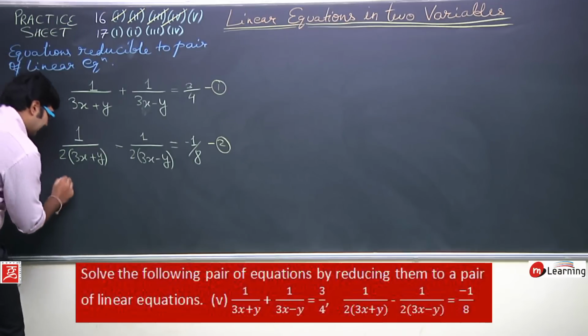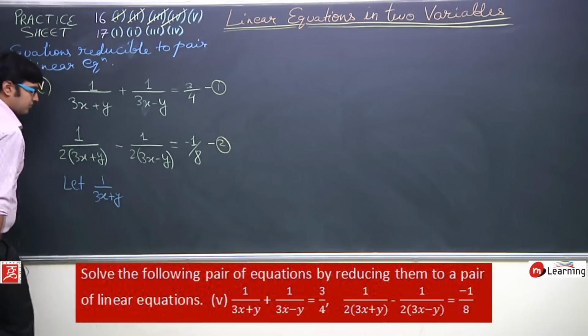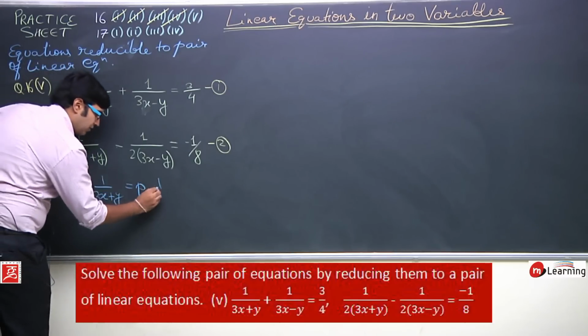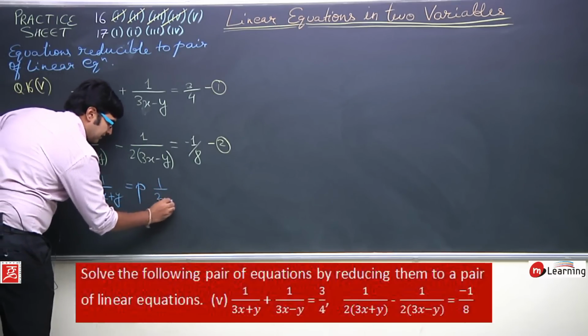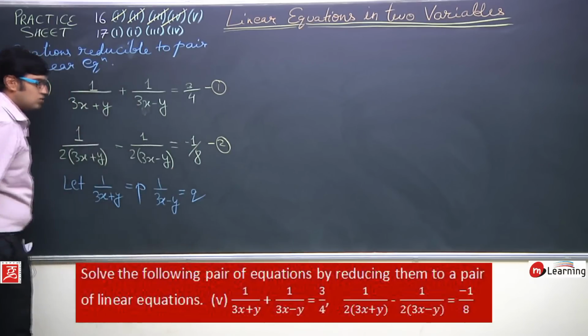So let us say, let 1 upon 3x plus y equal p and 1 upon 3x minus y equal q.